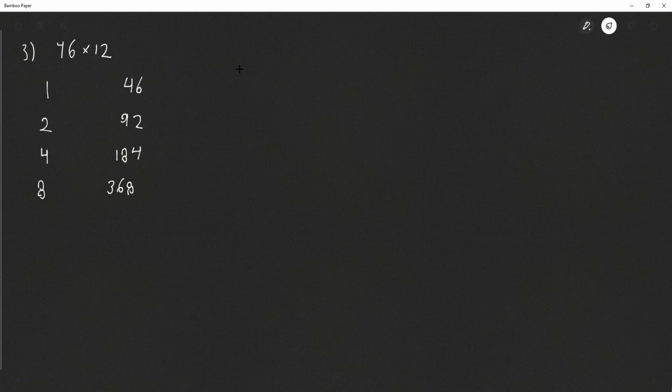Now breaking 12 up into powers of 2 gives us 8 plus 4, which makes it nice and simple, because plugging in our values gets us 368 plus 184, giving us our final total of 552, meaning that 46 multiplied by 12 gives us 552.